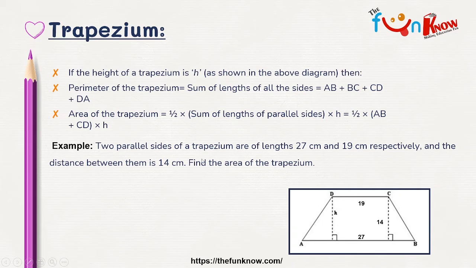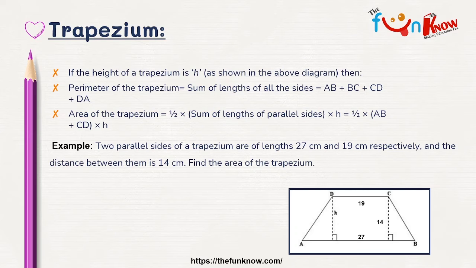So while finding the area of trapezium, you have to write the formula as half into the sum of the parallel sides. As per the question, you can see parallel sides are DC and AB. So the sum of these two sides into h. H will be the height.